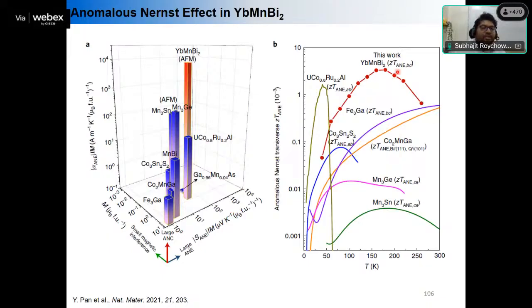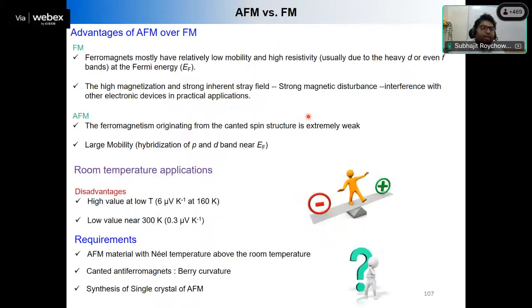As a result, they observe a very high ZT in this YbMnBi2 compared to any other literature for the transverse thermoelectric figure of merit. Now, as I've already told, there is the advantage of antiferromagnet over ferromagnet, but everybody wants to apply for room temperature applications. When you look at the literature, it has either a high value at low temperature or a low value near room temperature.